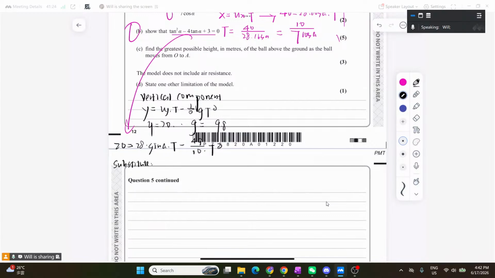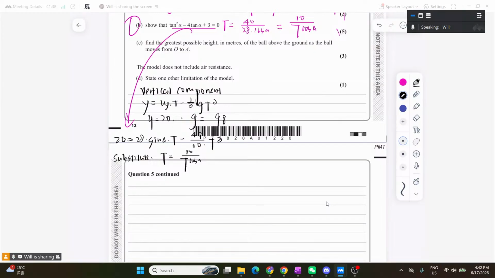And then we can substitute t equals 10 over 7 cosine alpha. Understand? Then simplify. Substituting, we get 20 equals 28 sine alpha times 10 over 7 cosine alpha, minus 49 over 10 times the t, where t is 10 over 7 cosine alpha, squared.